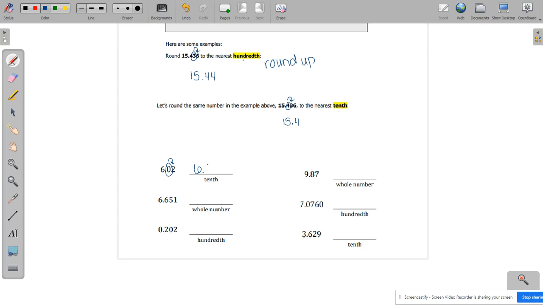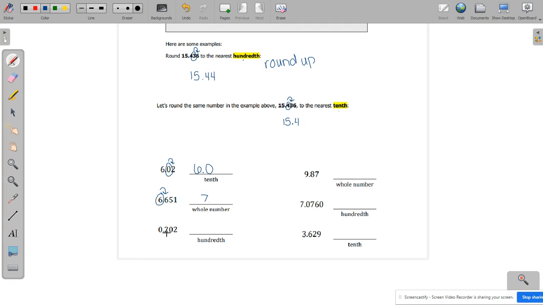It'll be 6.0. Then we have 6.651 and we're rounding to the nearest whole number. So here's our 6. We look behind it. And that 6 is larger than 5, so we round up to 7. Everything else changes to a 0, so since it's a decimal, we do not need the rest.